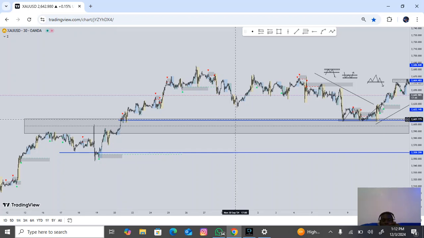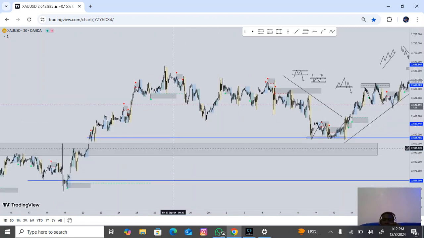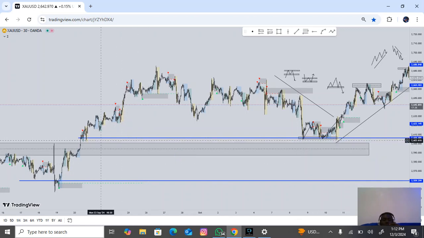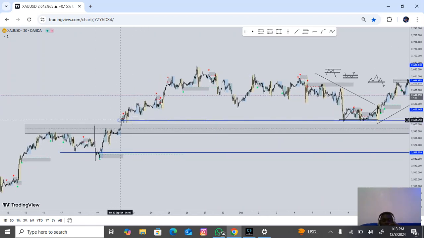But this is not supposed to be right. This is the highest high right here, so this is how it's supposed to be. Actually, it didn't come back to this area, but right here it's a support area. Why? Because as you can see, this is a support area which price came back to and reacted from.